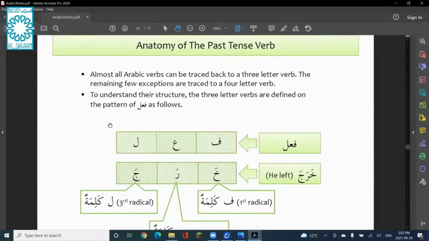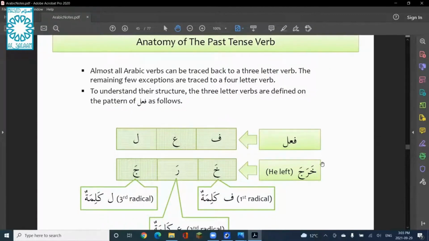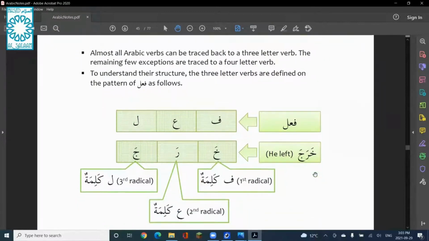So the 3-letter verbs are defined on the pattern of fa'ala as follows. So fa'ala, fa, ain, lam, those are our root letters. If I take the verb kharaja, then I put the kha under the fa because this is in the position of the fa letter.